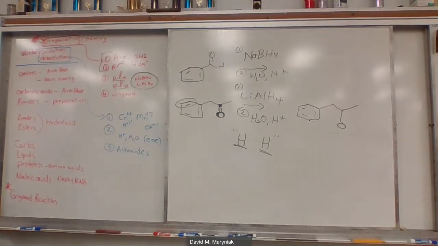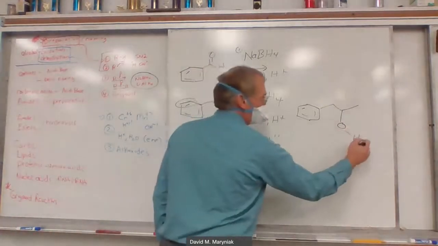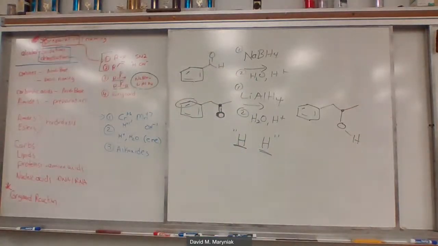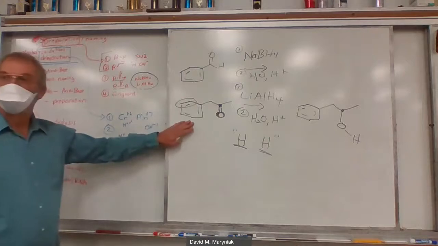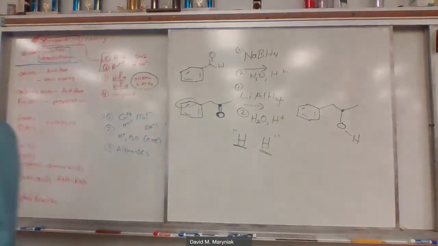Does it matter that you have to draw the H in on one of the atoms? So which one must you draw the H in? On the O. Do you have to draw that C's H in? No. So if we take this ketone and do a reduction, what's the product?